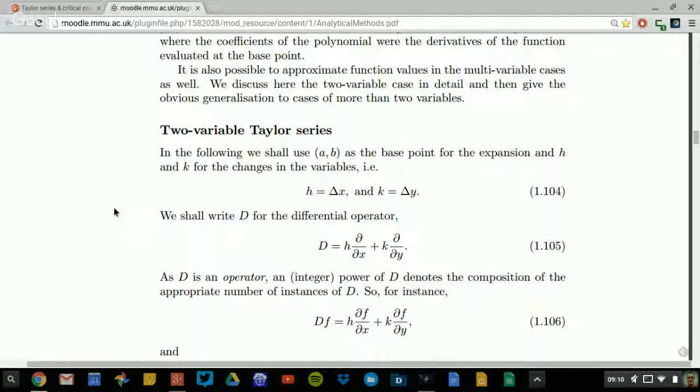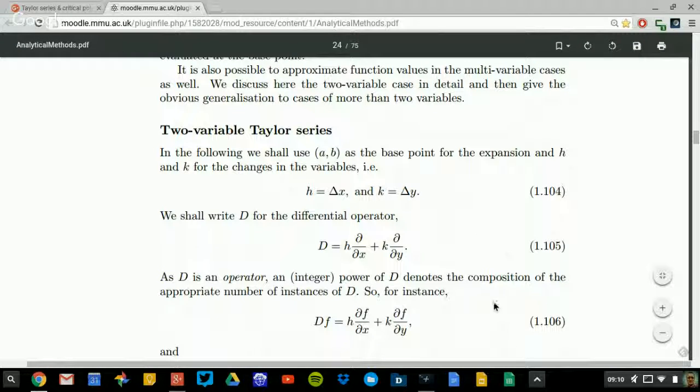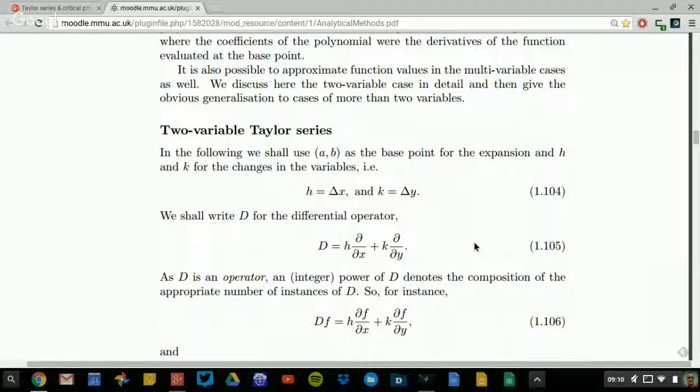Instead of the first derivative, second derivative, third derivative that was appearing in the one variable case, we talk about this differential operator D, and it's this linear combination of the two partial derivatives, h ∂/∂x plus k ∂/∂y. So this is a differential operator. I've got derivatives there, but I haven't said which function they're applied to.